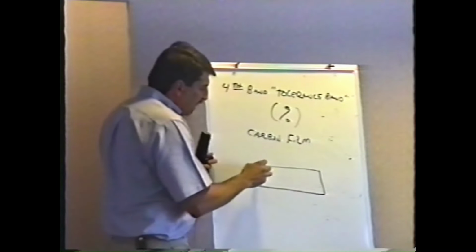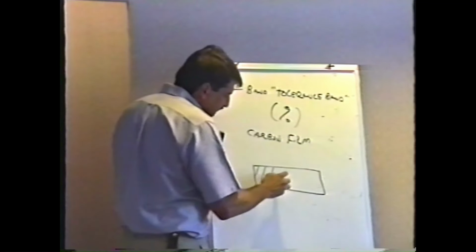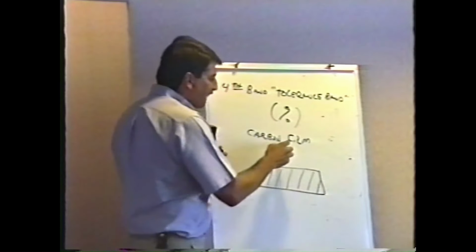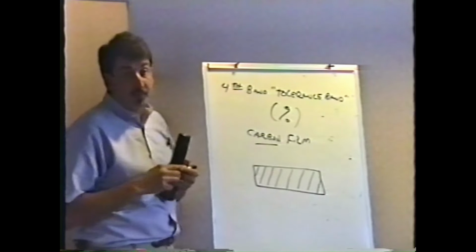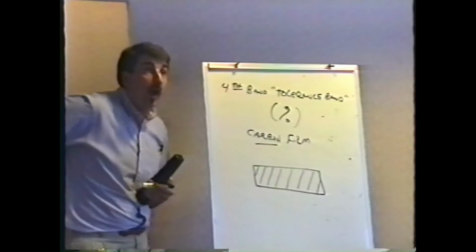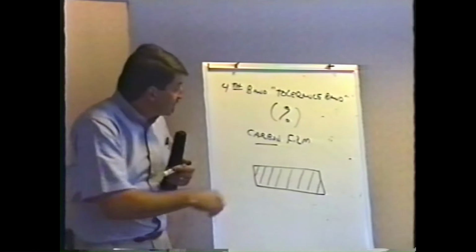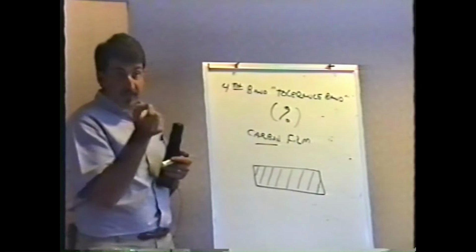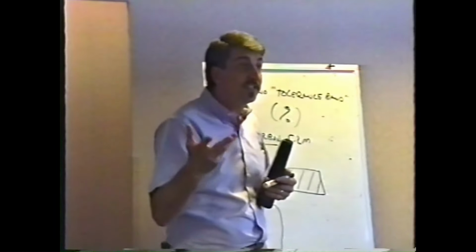And deposited on this ceramic cylinder is a thin spiral of carbon. Now, carbon, of course, is one of the elements, and pure carbon actually conducts electricity pretty well, almost like a wire. But by making this carbon very, very thin, it has more resistance. Obviously, the thinner it is, the more resistance it will have.